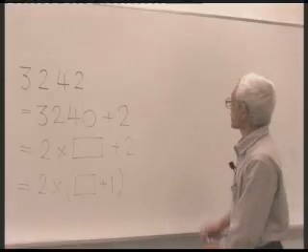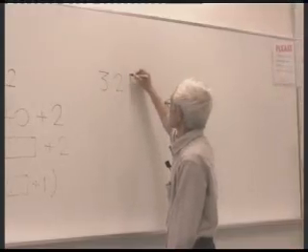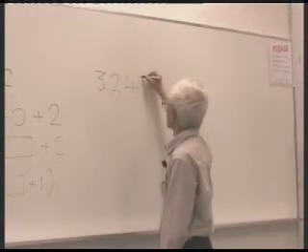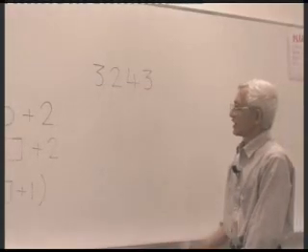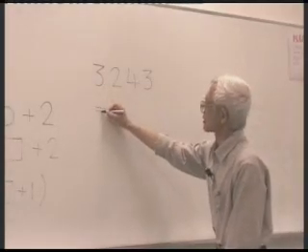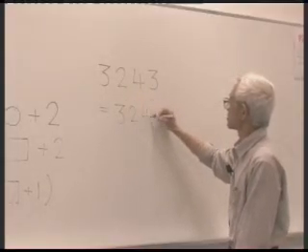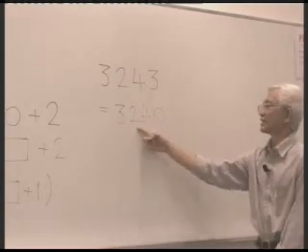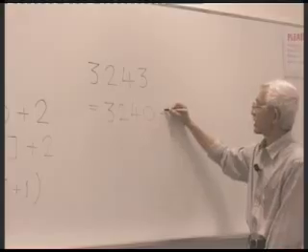Let us try one more number. Again, let us break it up. So this will be 3240 plus 3. Remember, 3240 is a multiple of 10, and therefore divisible by 2, and plus 3.